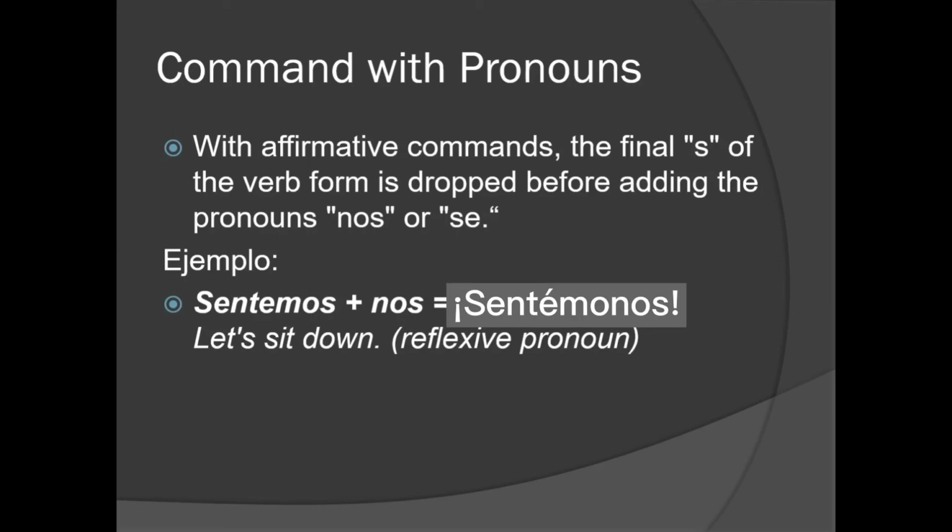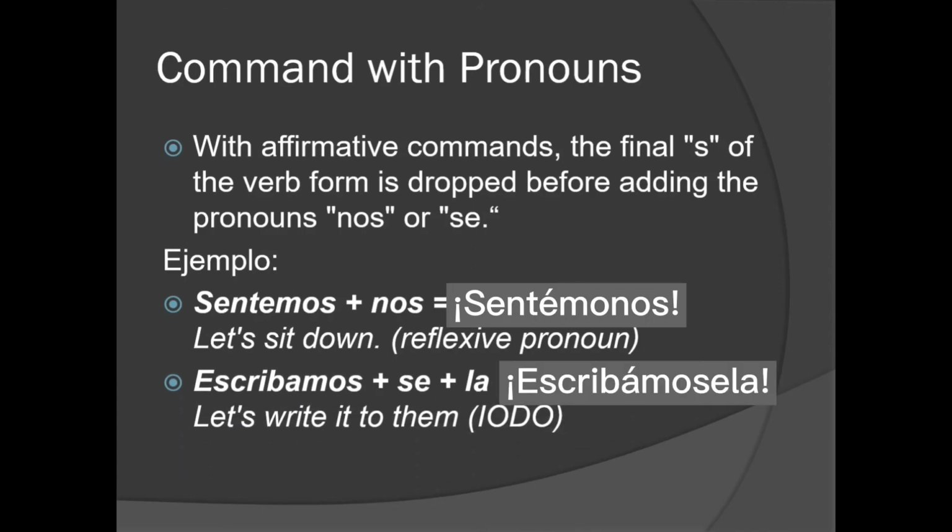That means, let's sit down. So, notice that there is an acento added to la letra E so that it will have an acento or accent when you pronounce them for emphasis.